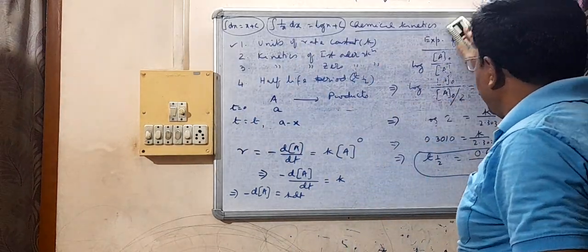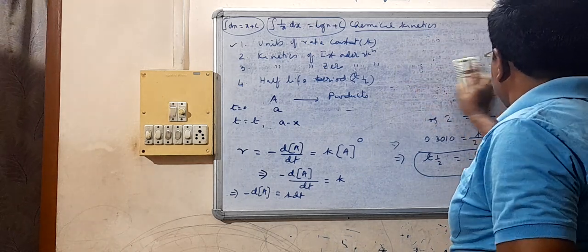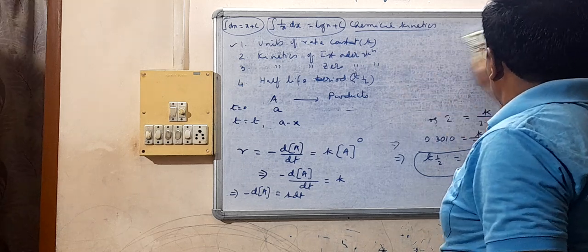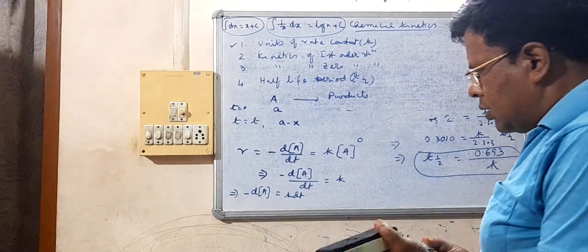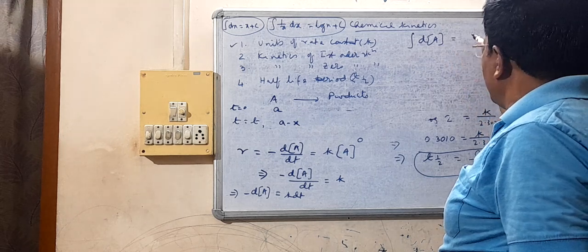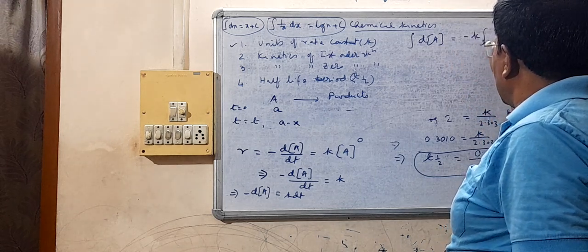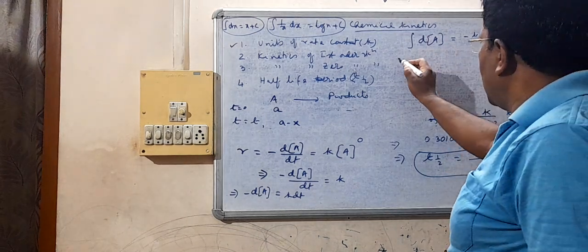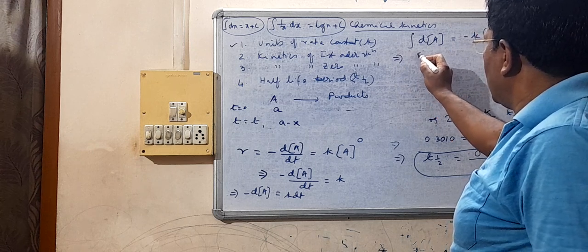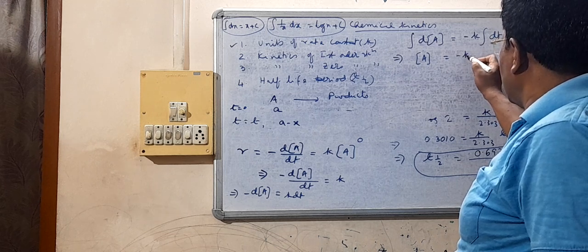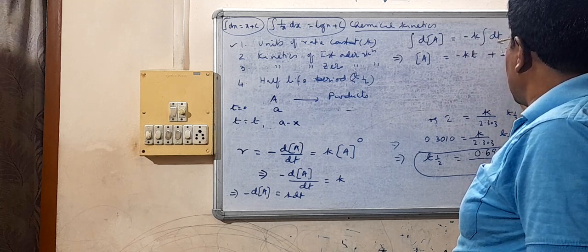On integrating this, we will get integration of dA is equal to minus K integration of dt. So I do integration on both sides, and integration of this will be A, and integration of this will be T, plus constant of integration.